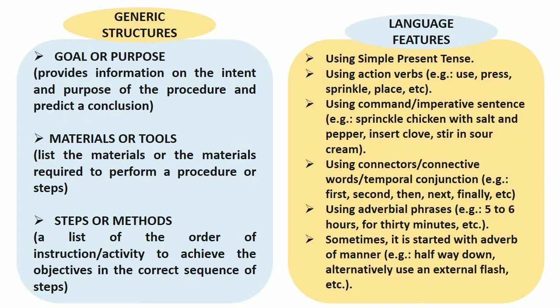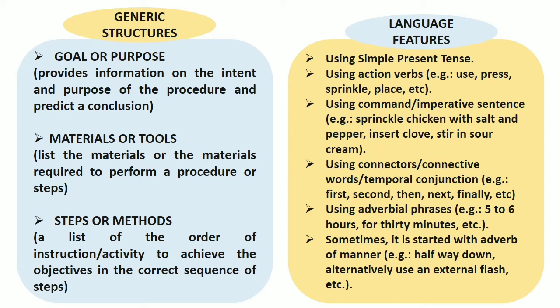So, after listening to the explanation, what do you know about procedure text? In conclusion, we know that procedure text is a piece of written or spoken text which has the social function to inform the readers or the listeners how to make or to do something. The generic structures of procedure text are: first, goal or purpose.